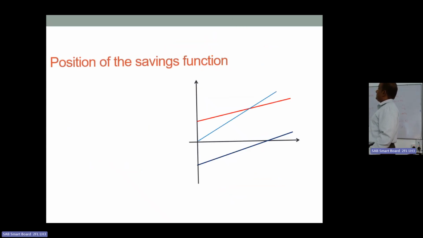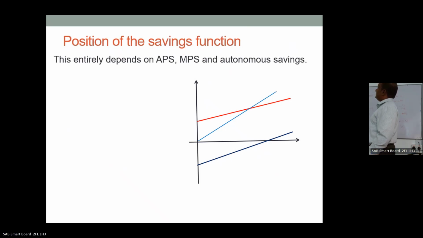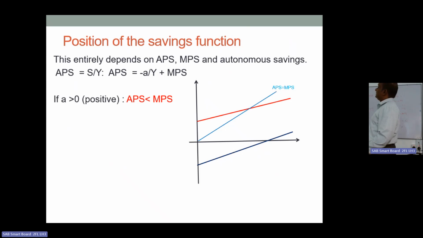Right. So the same thing we can think about for the saving function as well. We know that the average propensity to save is S over Y, right?